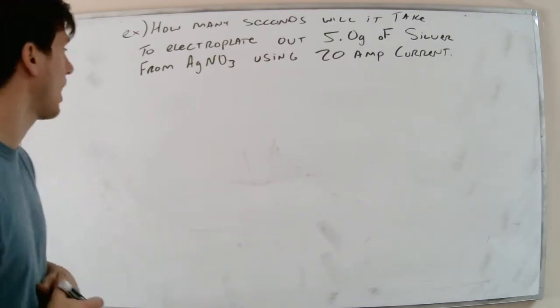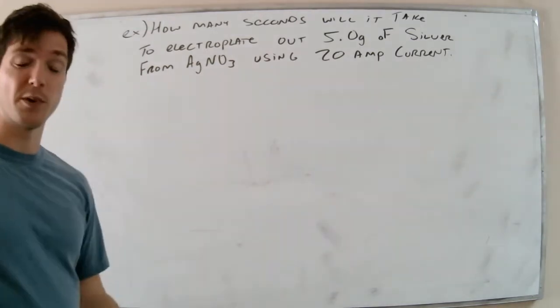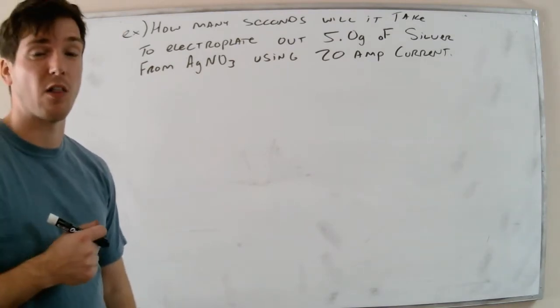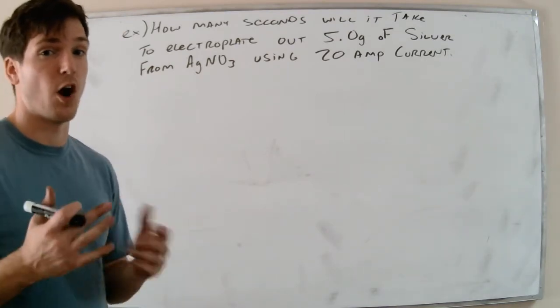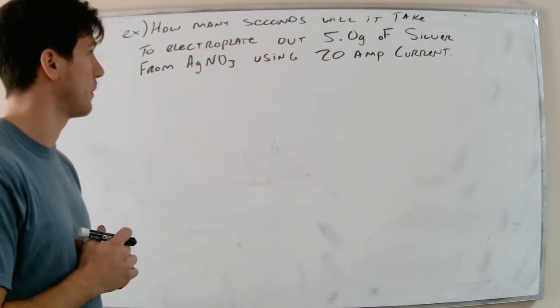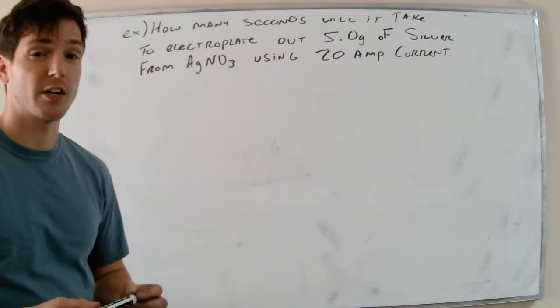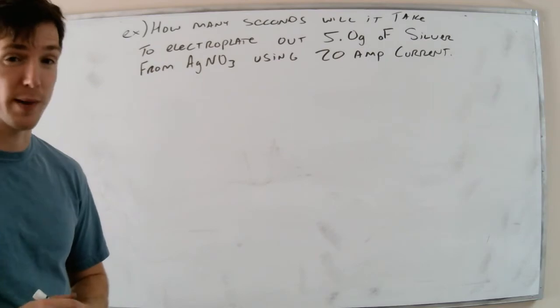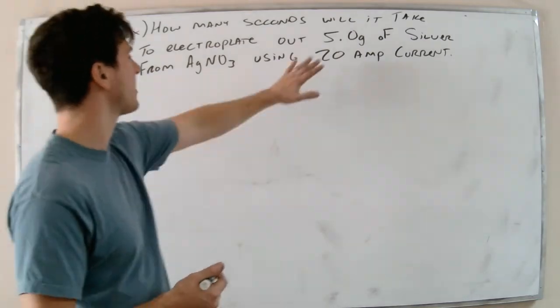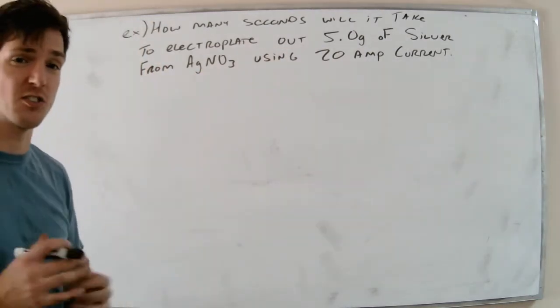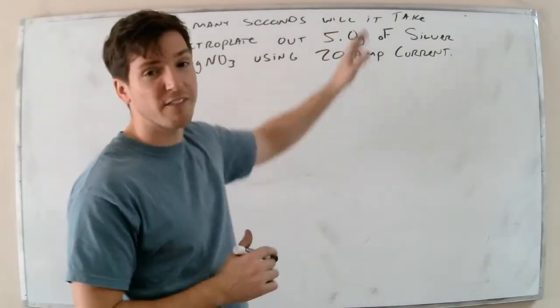So here we'll have 5 grams of silver, and we're using a 20 amp current, and we want to know how long it's going to take to get 5 grams of silver around a certain piece of metal. So as you could know earlier, I got to change grams of whatever I'm dealing with, which in this case is silver. Don't worry, that's silver nitrate. That's just the solution we're working with, but it's just 5 grams of silver.